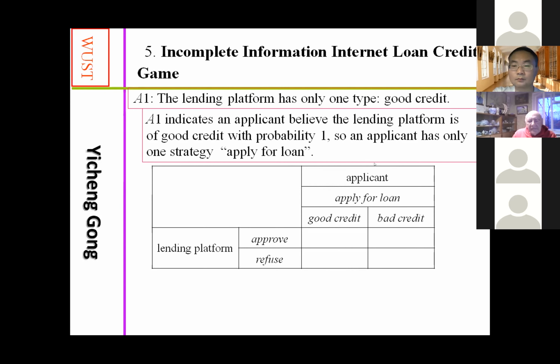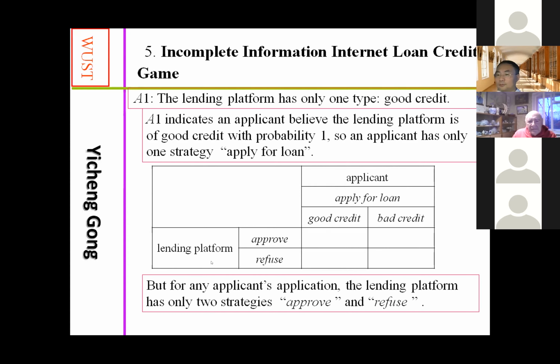But the applicant will have two types, good credit or bad credit. For any applicant's application, the lending platform has two strategies: approve or refuse.